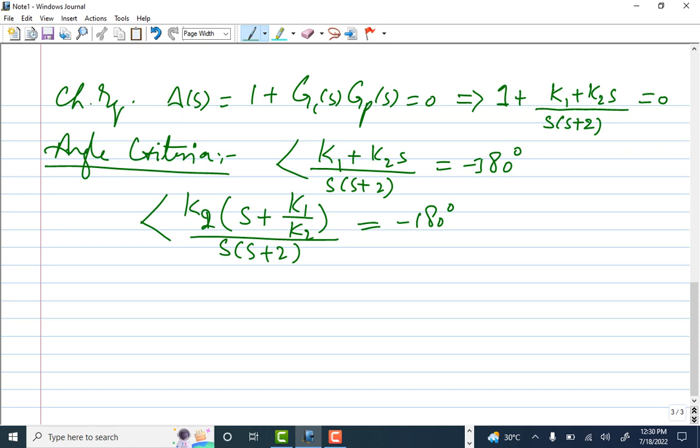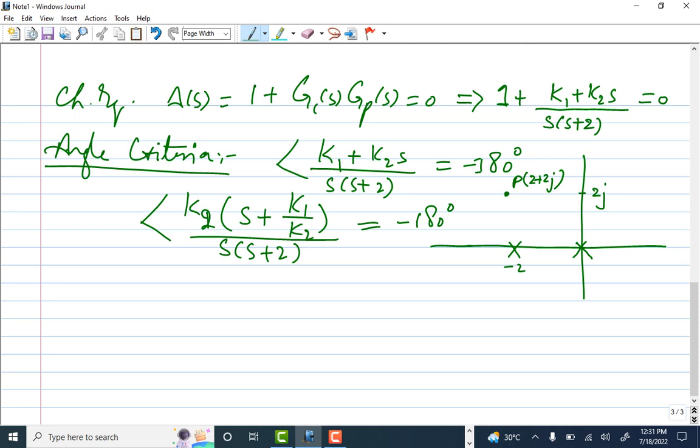If I plot here quickly, we have the pole at minus 2, and the point is somewhere here. This is the P point, that is minus 2 plus 2j, the design point.